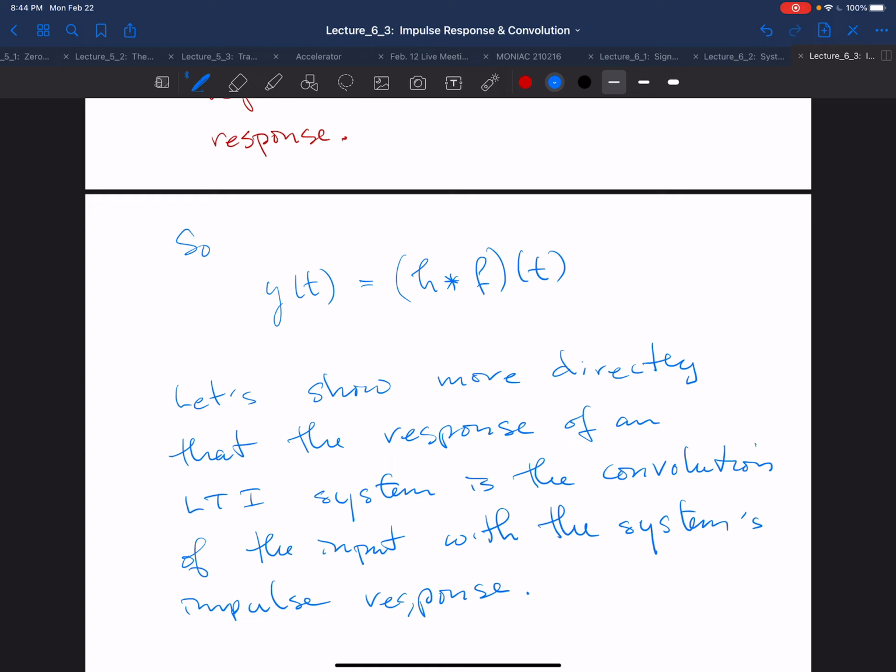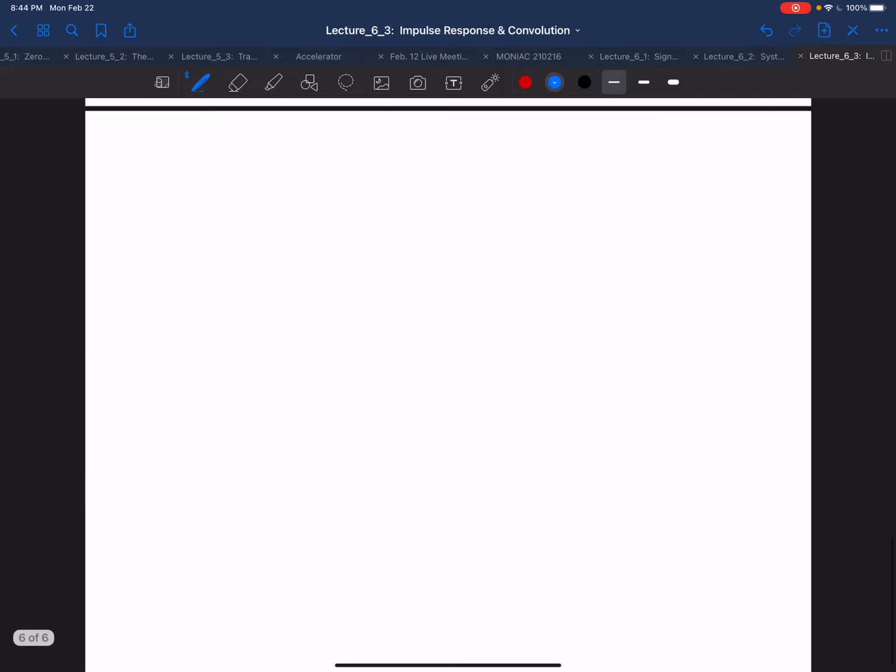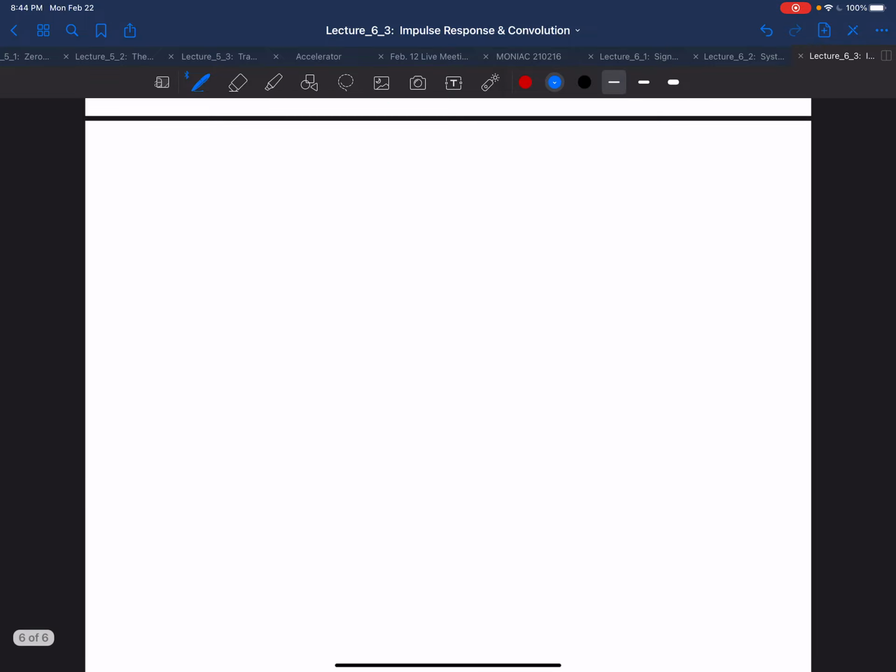Now, it's easier to do this in discrete time. So I'm going to sketch the argument in discrete time, and then I'll simply claim that it carries over to the continuous time case. In fact, I think it will be pretty clear that it does. So first of all, what do we mean by a unit impulse in discrete time?